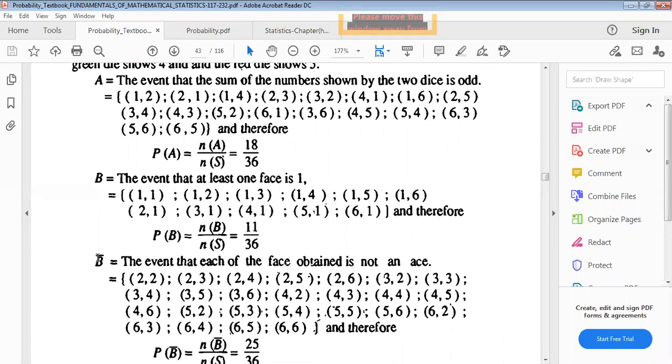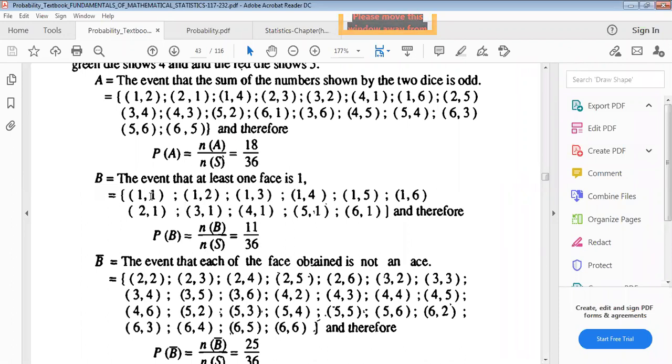Now complement of B means without these 11 events, the events where no face obtained is 1. Without these 11, how many are left? 25.